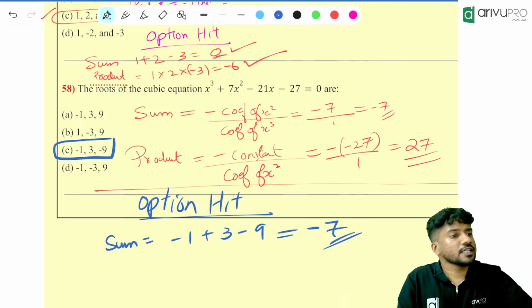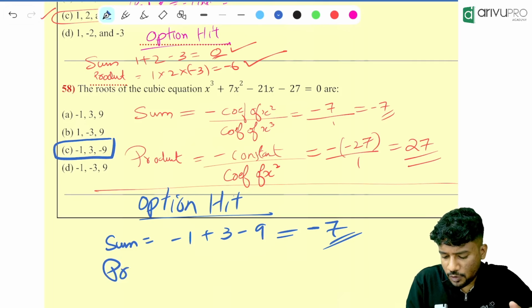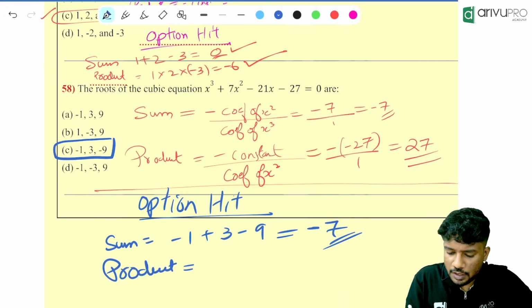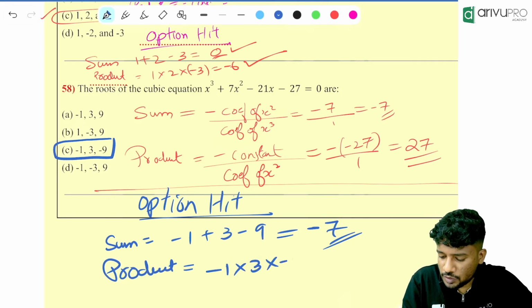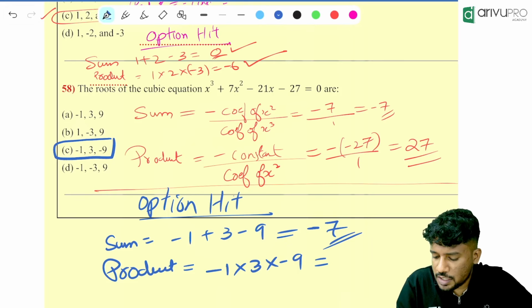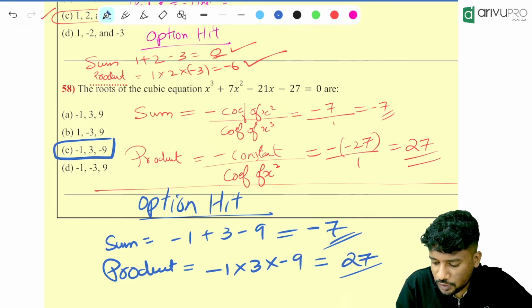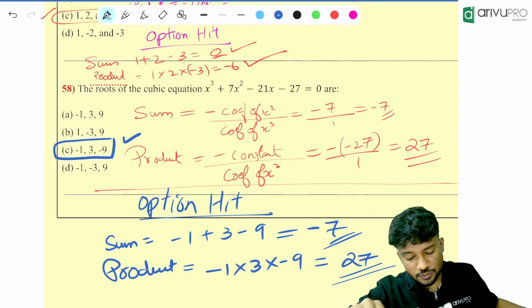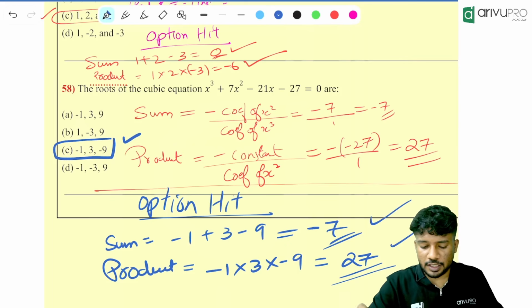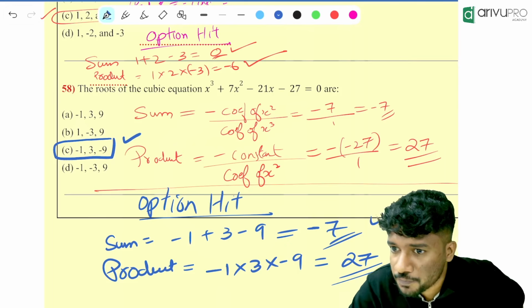Everyone got it as minus 7? Yes. The product is minus 1 into 3 into minus 9, which is plus 27. That means your answer is which option? Both are correct. That means option C is your answer.